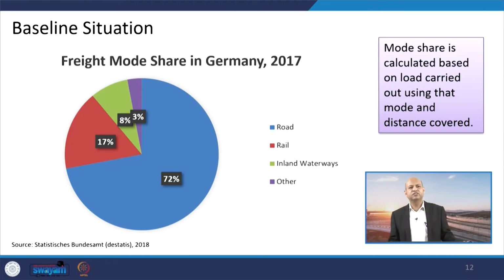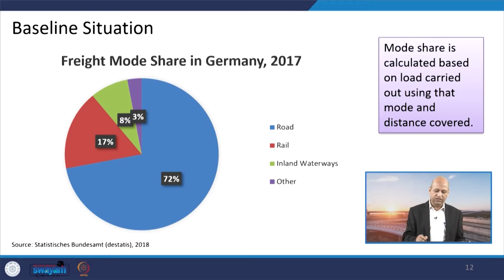Well, the baseline situation, because whenever we do the modeling, we have to see the baseline scenario. So, the 2017 freight mode share has been taken as the baseline, and this mode share has been calculated based on the load carried using that particular mode and the distance covered.